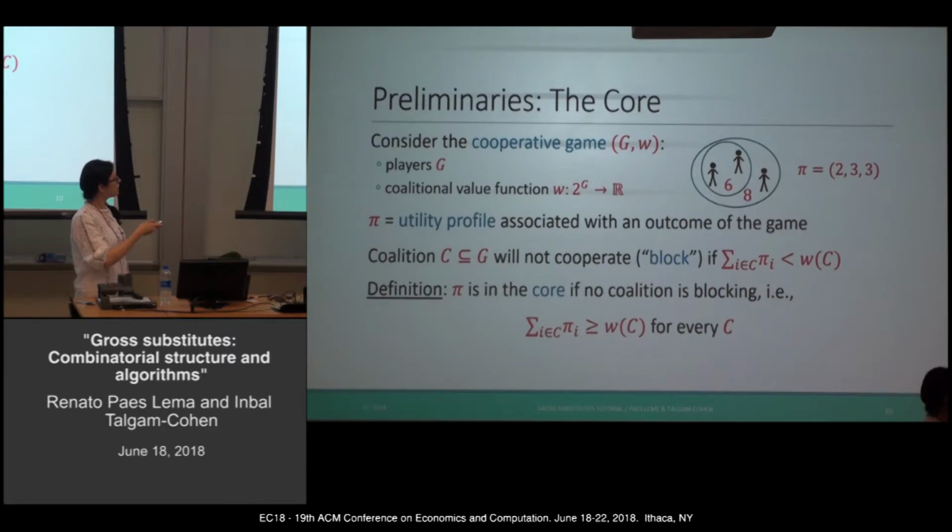So we say that this utility profile is in the core if there's no blocking coalition. So if this thing doesn't happen. Or in other words, if going over every possible coalition, the sum of the utilities is at least the value that they can create. Okay, that was the core.